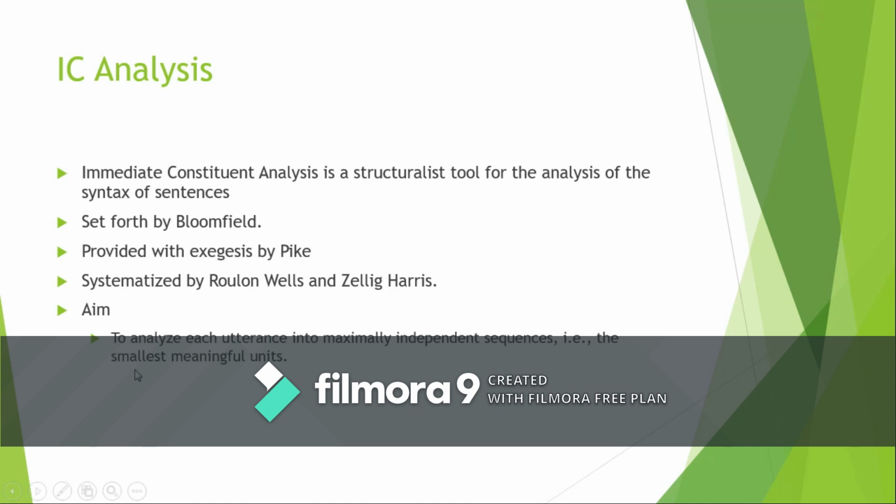So let's look at the aim of IC analysis. What is the aim of an IC analysis? Ideally, IC analysis wants to analyze each given utterance. Now, utterance is a slightly confusing item. An utterance can be simply a word, or when I tell you something and you respond, that is an utterance.